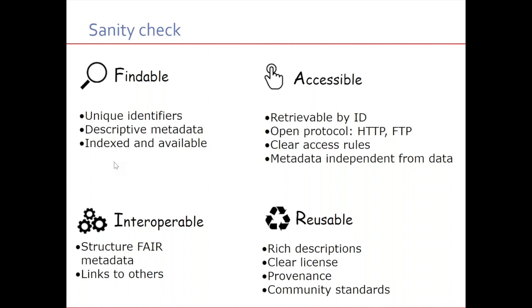Reusability is about community standards, provenance, and license, all those things that the community needs to know to reuse any sort of material. Now, interoperability and reusability so far seem to be the most challenging of the FAIR principles. And that is true not only for data, it is true for any other digital objects, training materials included.